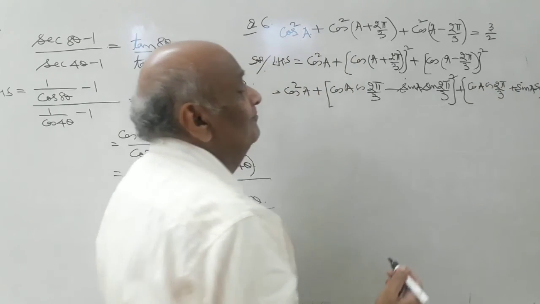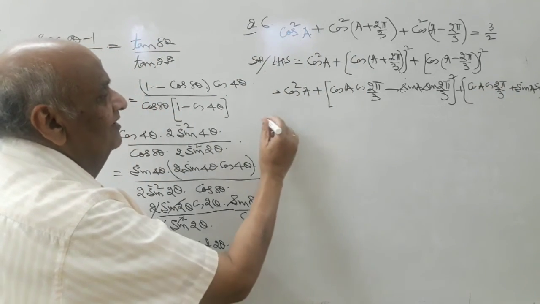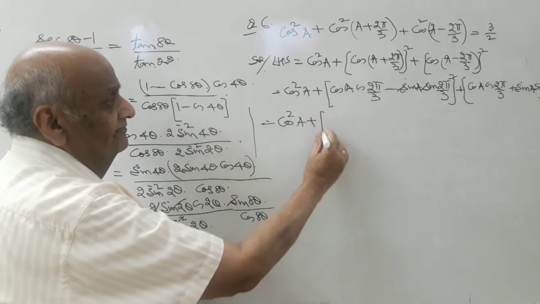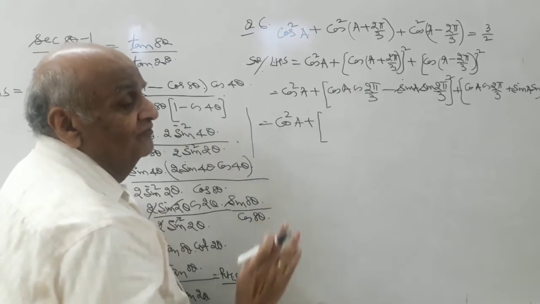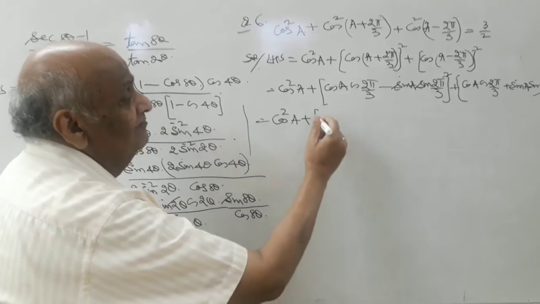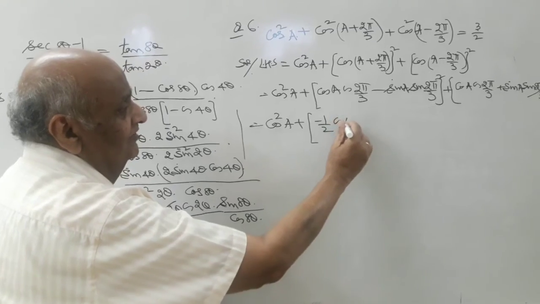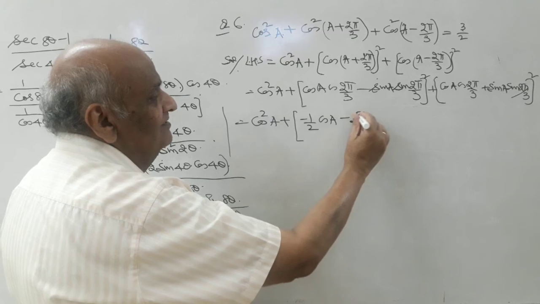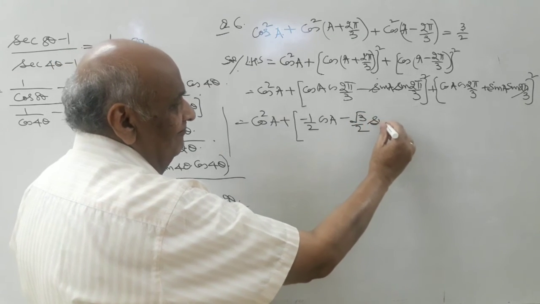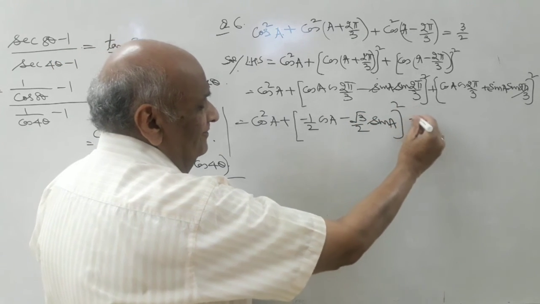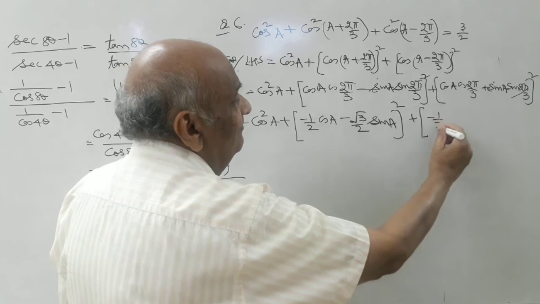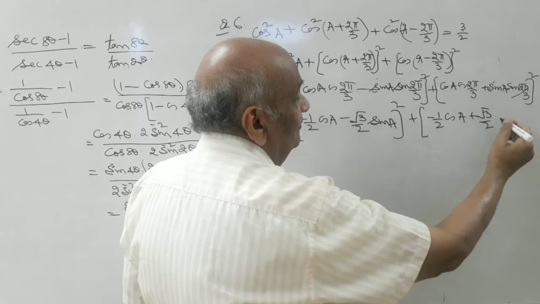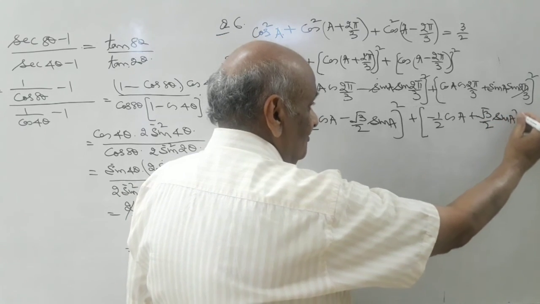That is, you apply cos A plus B, cos A minus B. It is cos square A plus, see, cos 2 pi by 3 is cos 120, which is minus half. So minus half cos A minus root 3 by 2 sin A, the whole square, plus minus half cos A plus root 3 by 2 sin A, the whole square.